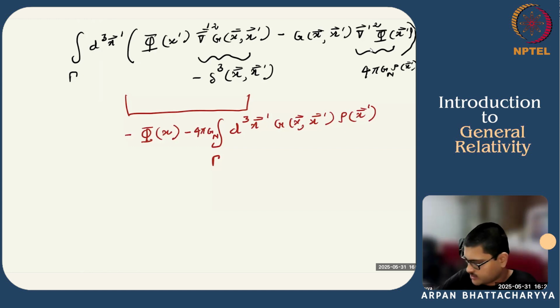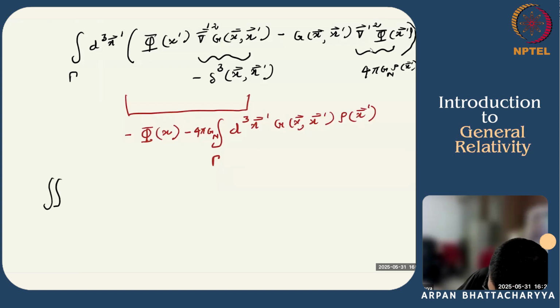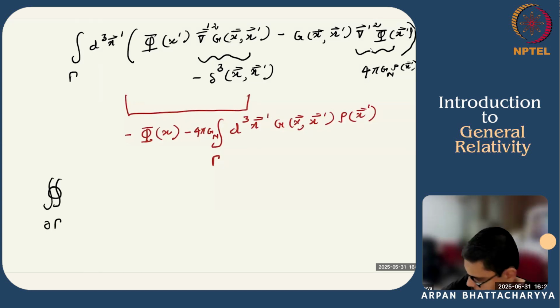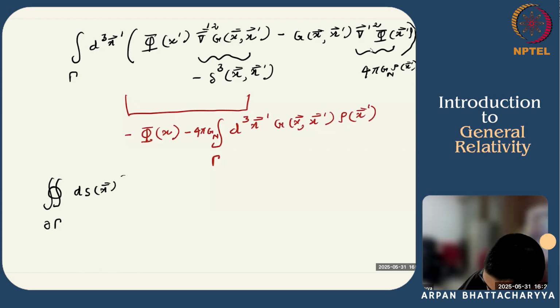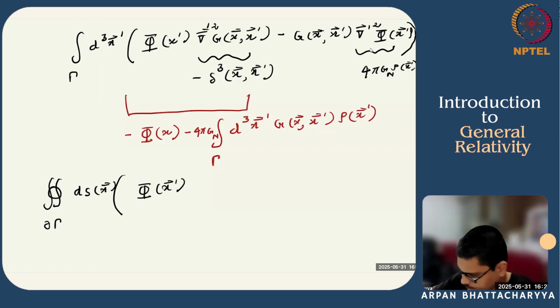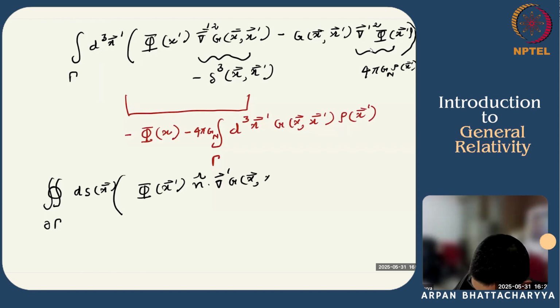Now, what about the other side of this equation? Let's analyze it. We have a surface integral over delta gamma, which is dS of x prime. Now it will have n dot del prime of G. This gives the normal derivative of the Green's function at the boundary.